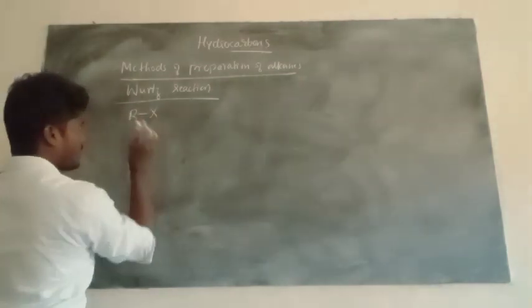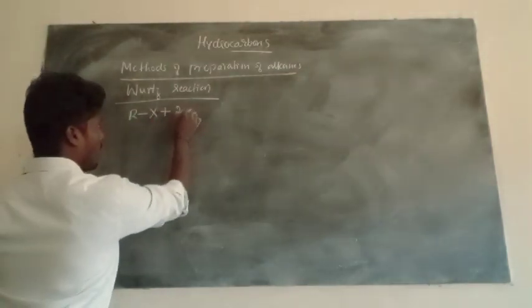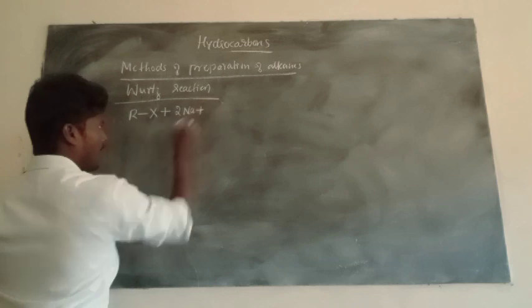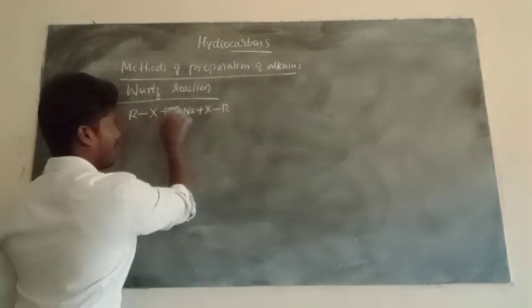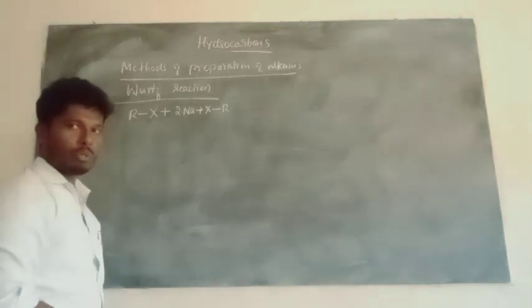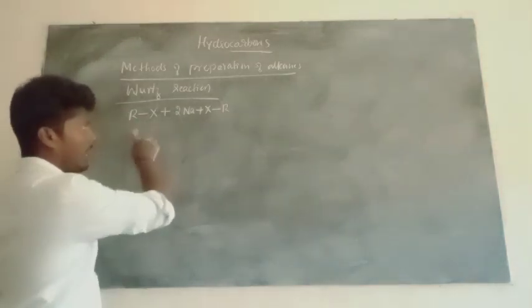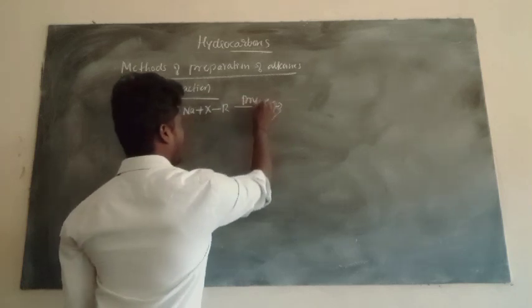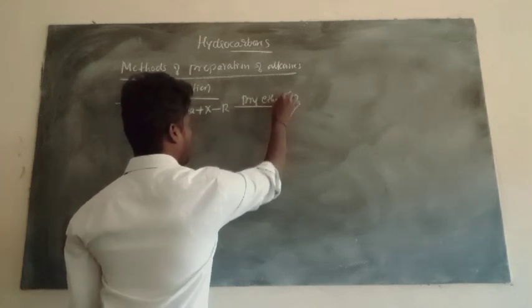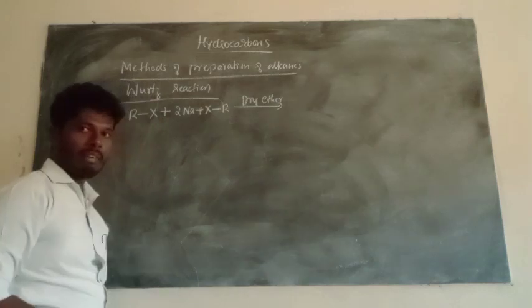Haloalkanes R-X, which is treated with sodium, take 2 equivalents of sodium, and write one more haloalkane, that is R-X, or just we are writing reversible, just to understand. Okay, that is haloalkanes which are treated with sodium in presence of dry ether solvent. Remember this students, dry ether we are using as solvent.